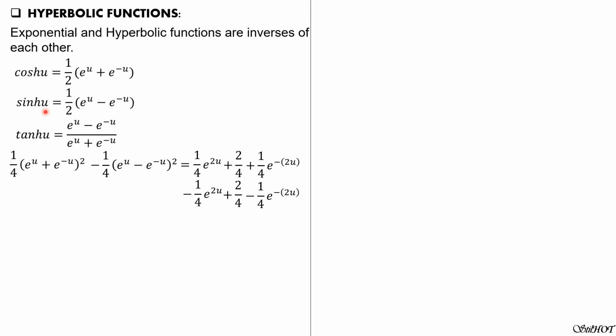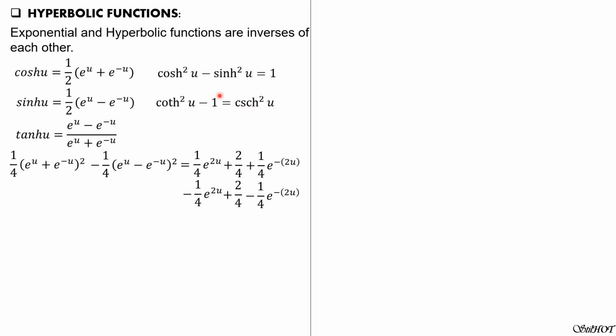So that is cosine hyperbolic square of u minus sine hyperbolic square of u equals 1. If we divide everything by sine hyperbolic square of u, cosine hyperbolic square of u divided by sine hyperbolic square of u is cotangent hyperbolic square of u, then minus 1, and 1 over sine hyperbolic square of u is cosecant hyperbolic square of u. So cotangent hyperbolic square of u minus 1 equals cosecant hyperbolic square of u.